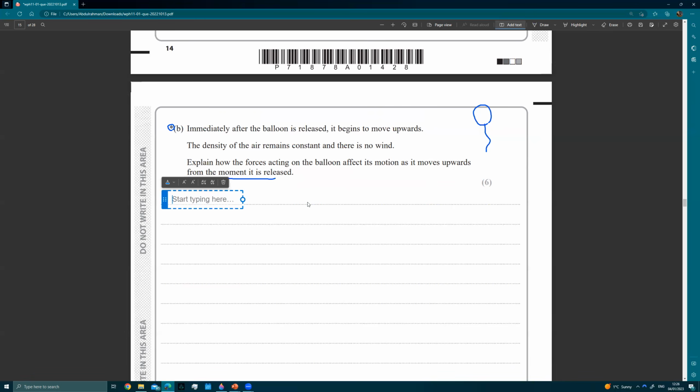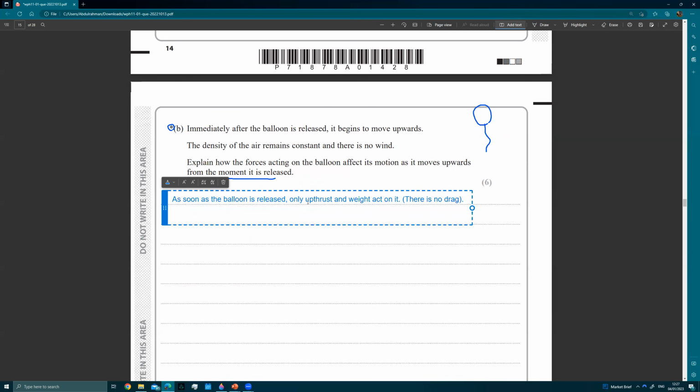So I'm going to write that down. As soon as the balloon is released, only upthrust and weight act on it. I could even add a little commentary that there's no air resistance yet, or no viscous drag yet, because it's yet to move. So there's no drag.